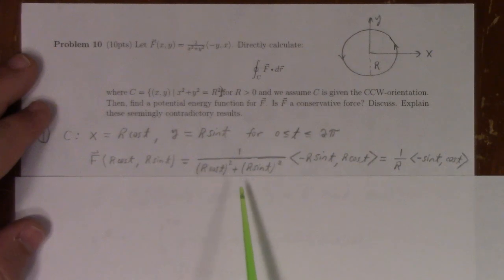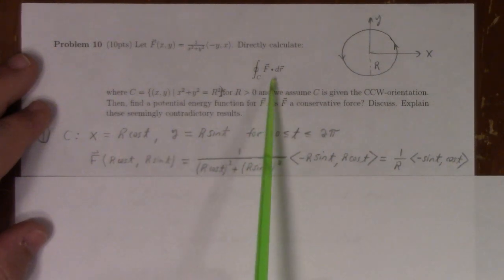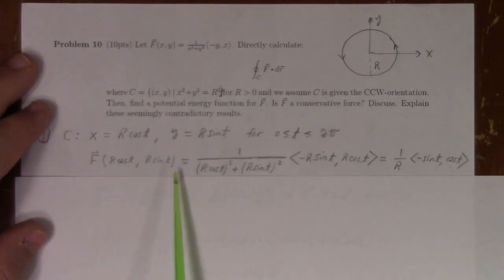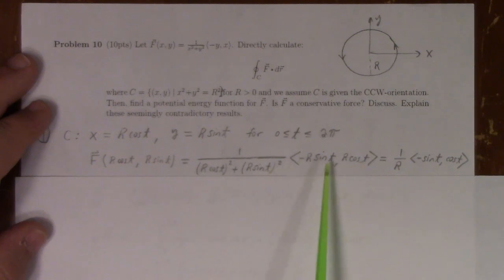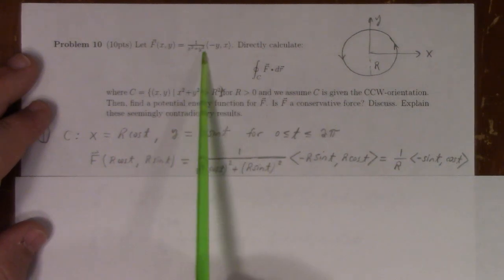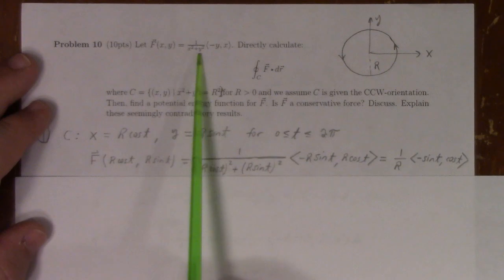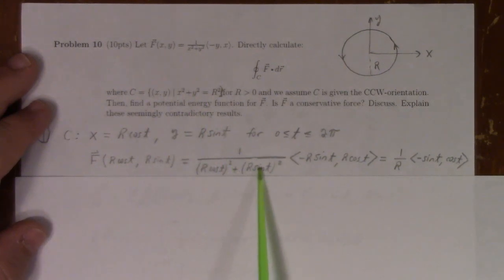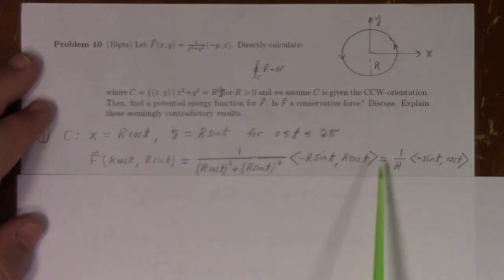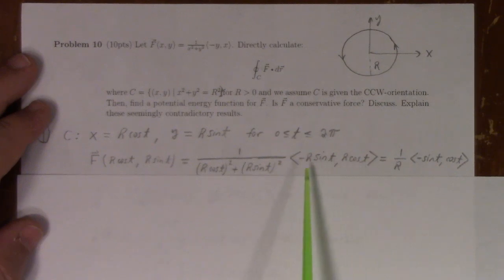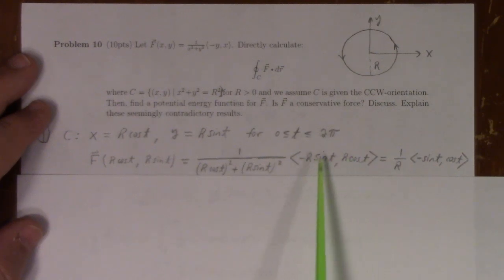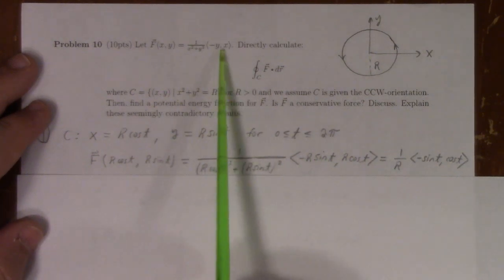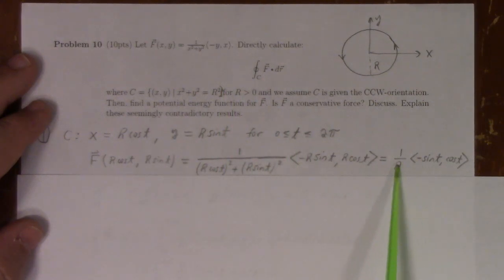But anyway, the point here is that if you plug the parameterization into F and work it out, you get x squared plus y squared, which of course is equal to r squared on the circle. So you get r squared downstairs, but that cancels with the r that appears in the minus y and the x here, which just leaves you with 1 over r times (minus sine t, cosine t).